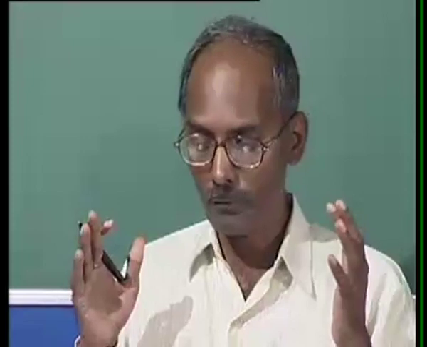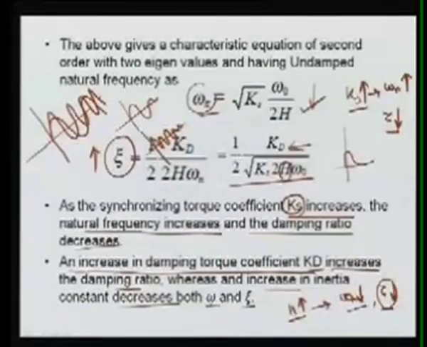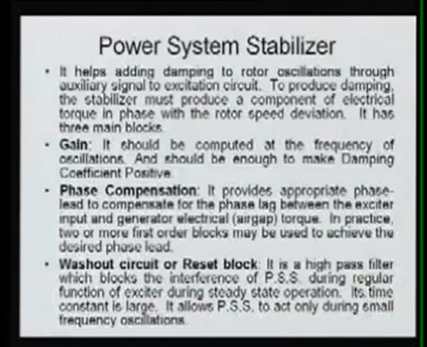That's why if your machine is of larger size, meaning H is more, the frequency of the oscillation cycles will be less, but due to the decrease in damping, it may take longer time. So this is the information for the two machine system.